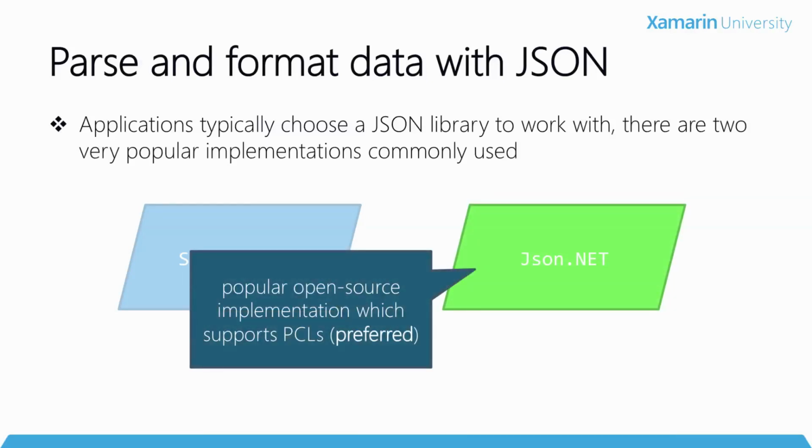A much more popular choice is JSON.NET, which is an open source library that provides a full typed wrapper around JSON for serializing and deserializing data. This is a third-party edition, but it's fully supported on all platforms, including PCLs. It has become the de facto standard, and it's the one we're going to use in the lab exercise. In fact, Microsoft now includes this library for ASP.NET projects.